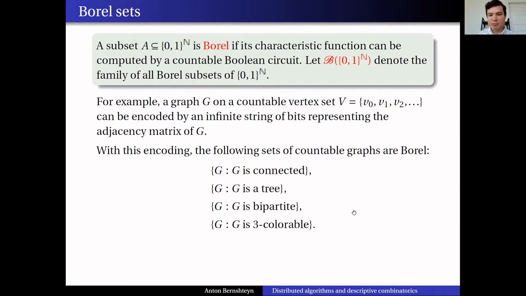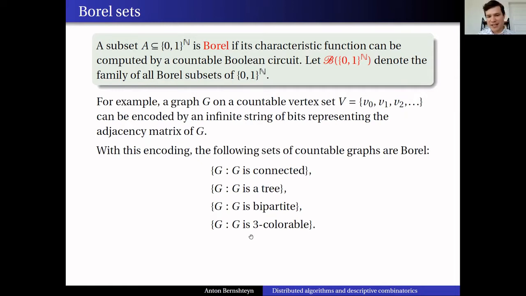Maybe a bit more surprisingly, especially in view of the parallels with computational complexity, the set of all 3-colorable graphs is also Borel, as it turns out. So somehow the 3-coloring problem is easy in this sense in the countable realm.